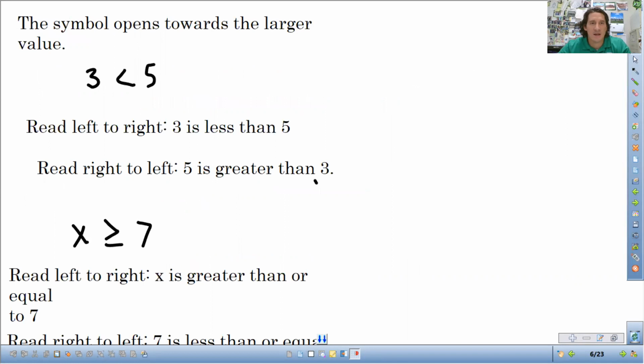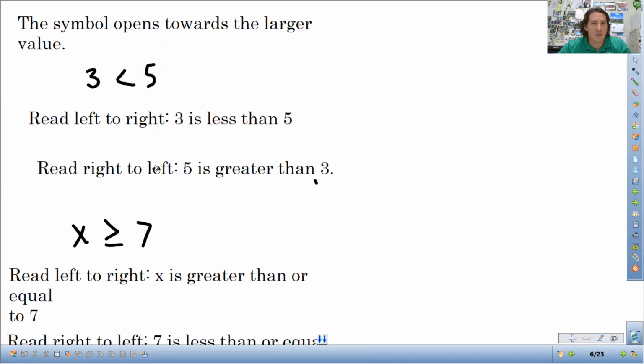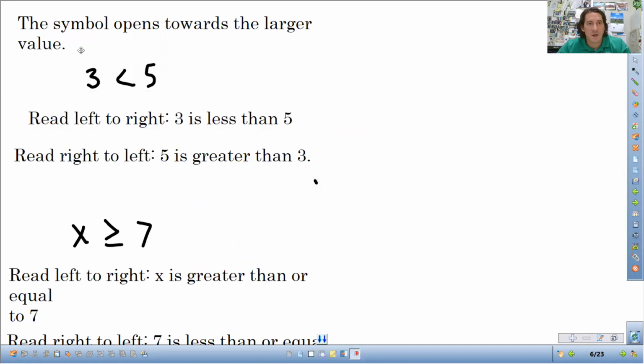So an example with just straight numbers, how these symbols work: the symbol opens up towards the larger value. So 5 is larger than 3, right? So we would write it out like this, where the open end faces the 5.